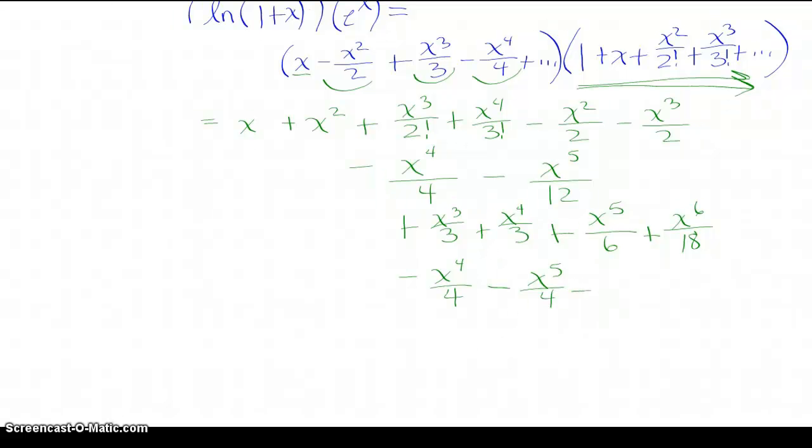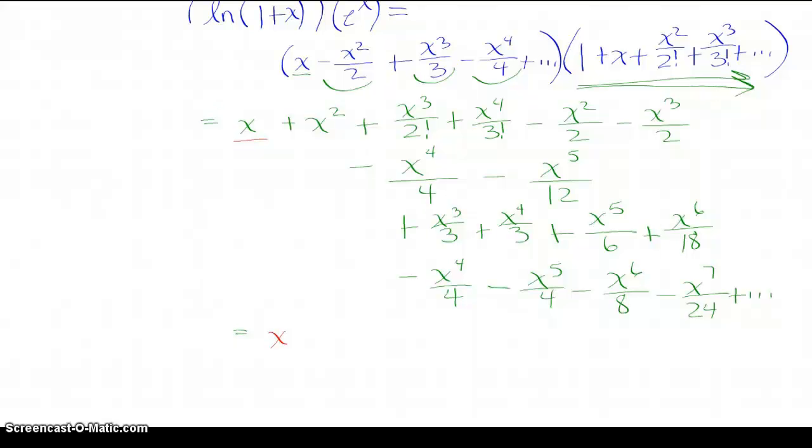Minus x to the 5th, minus x to the 6th over 8, minus x to the 7th over 24. Now I'm going to put my plus dot dot dot. Now all I have left to do is some algebra. I'm going to gather like terms. Everything that just has an x term in it, and it looks like there's just that one term that's x to the power of 1.